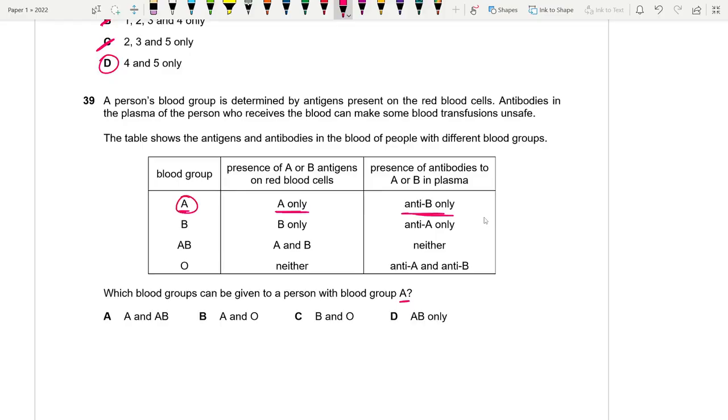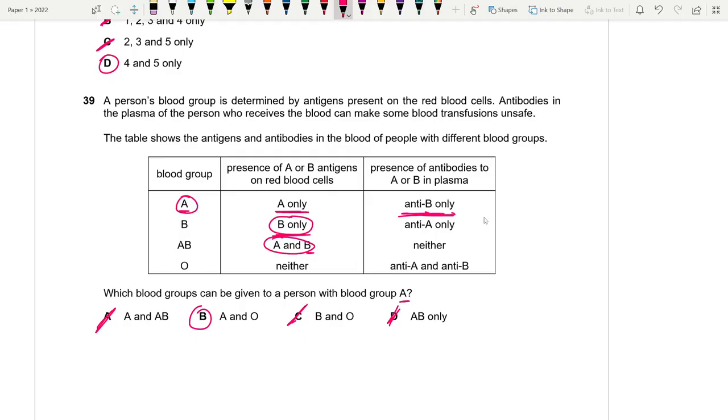In the person with blood group A, the antibody is anti-B. So we cannot give blood that has antigen B on it. That is why you cannot give B group, because this antigen would react with the anti-B. You cannot give AB group because this B antigen would react with anti-B. So you cannot give AB, you cannot give B. You can give A and O. O can be given to anyone because it has no antigens.